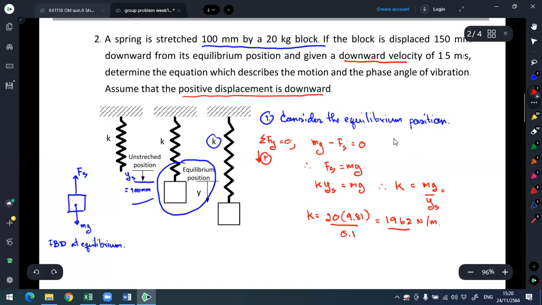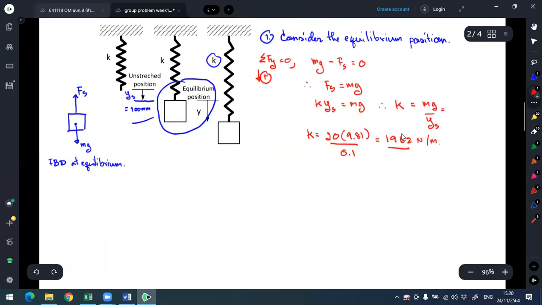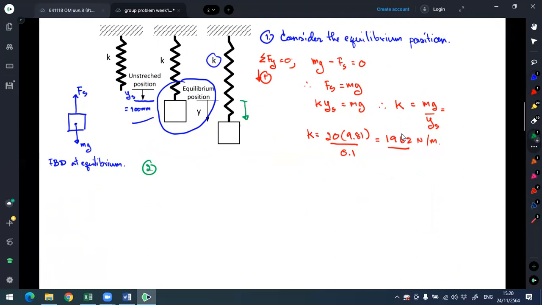Then we already know the stiffness k, right? From the equation of motion, is the second step. In the second step, we consider the motion. That is, we consider the third position, where we have the displacement from the equilibrium position equal to y.